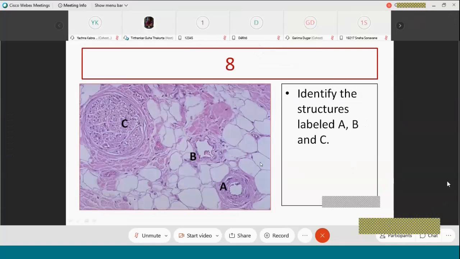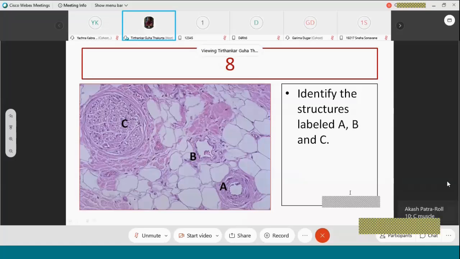Finally, can you tell me what is A, what is B, and what is C? By B, I actually mean this round, star-shaped structure.